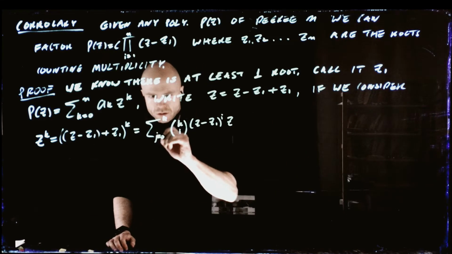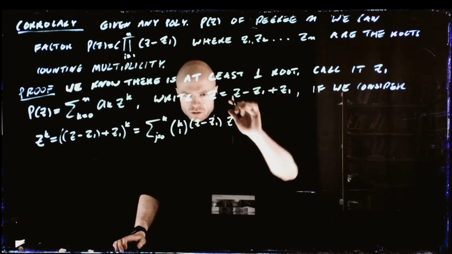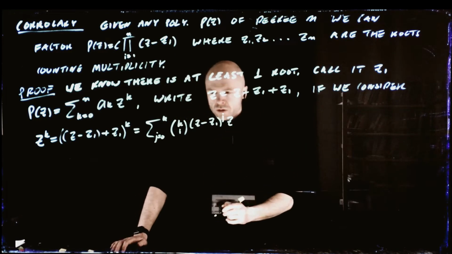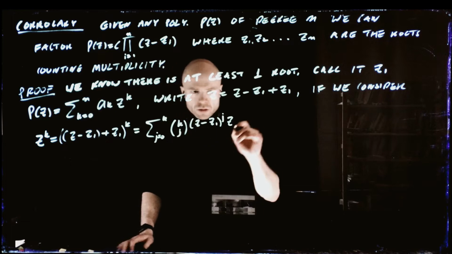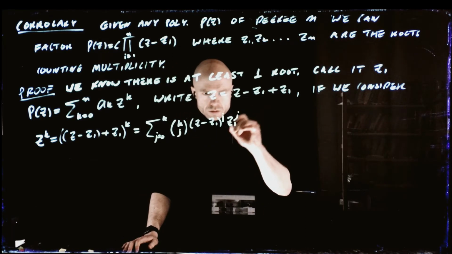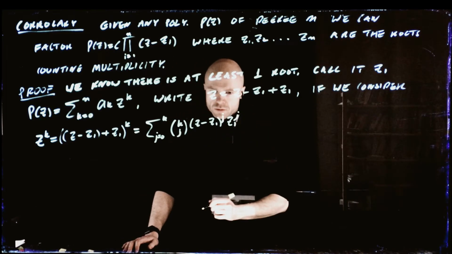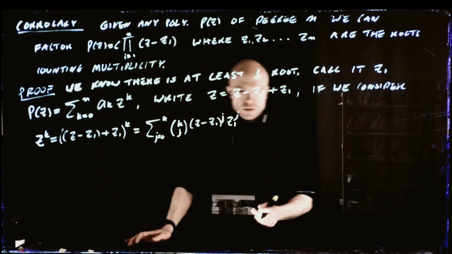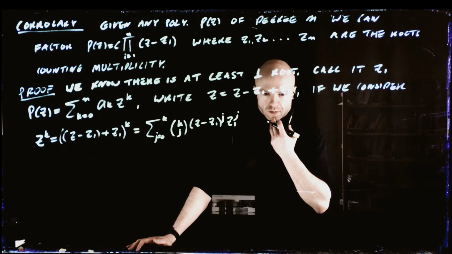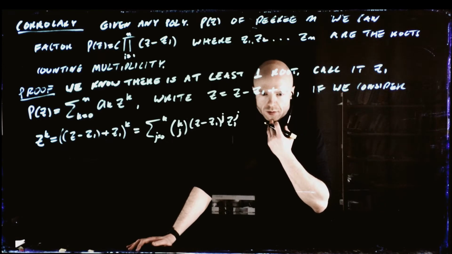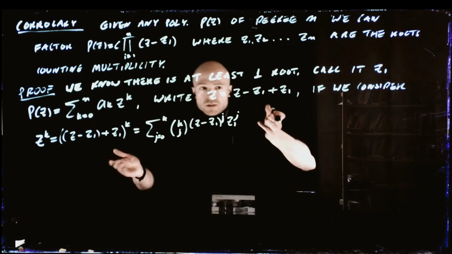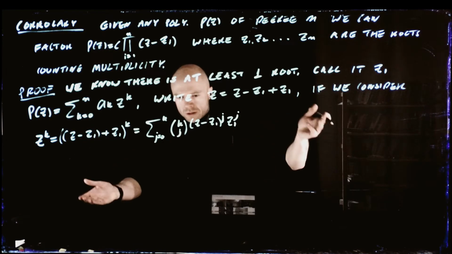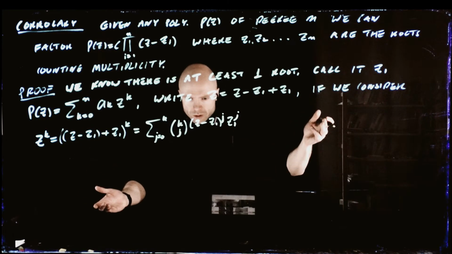Let's call it j. And this z1 to the j. Yeah, just the binomial expansion. We actually don't care about the coefficients, but since we know what they are, that's just true. Yeah? And z1 is just the root that we know. So it's just a complex number.